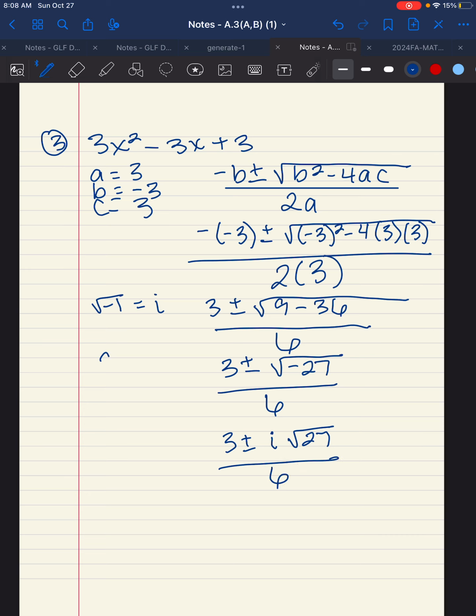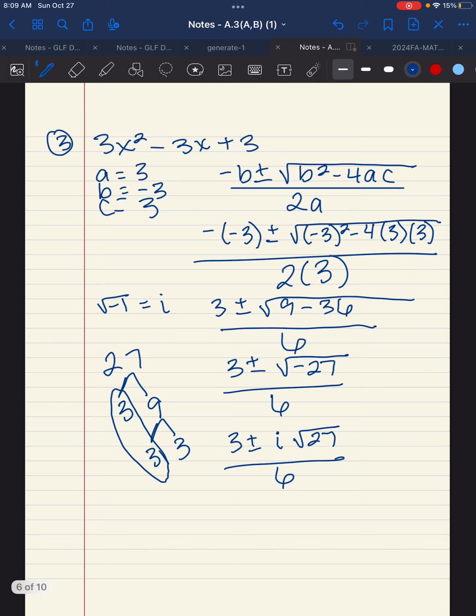All right, so let's simplify that square root. What times what would get you 27? 3 and 9. This could even break off to 3 and 3. I can go in, get the twin out of jail. But who has to stay in jail is that other 3.